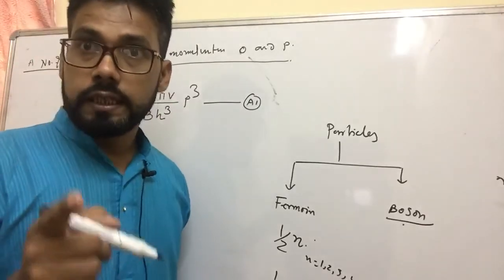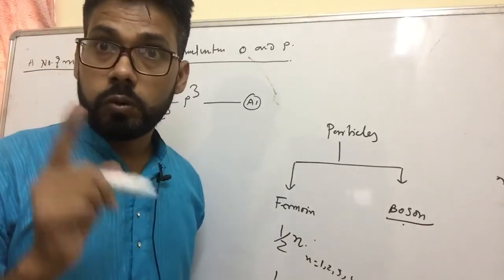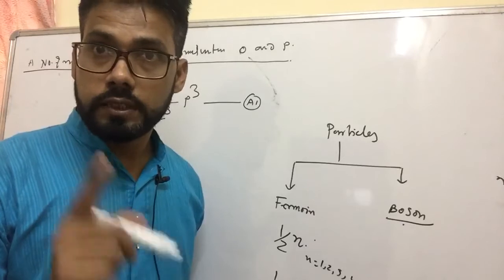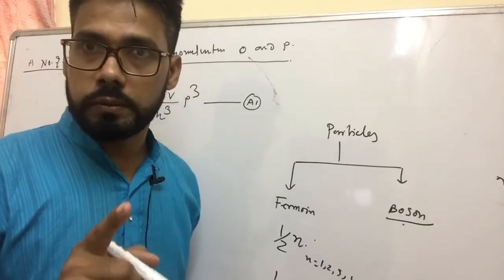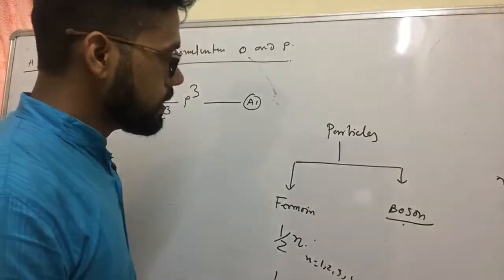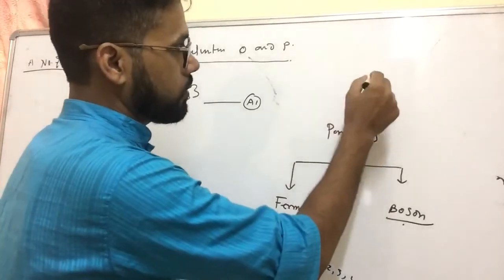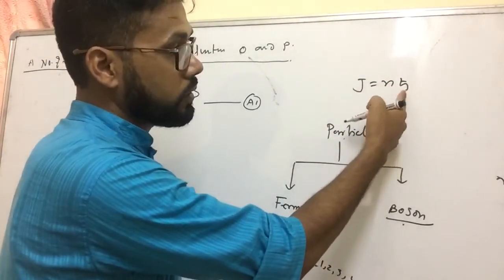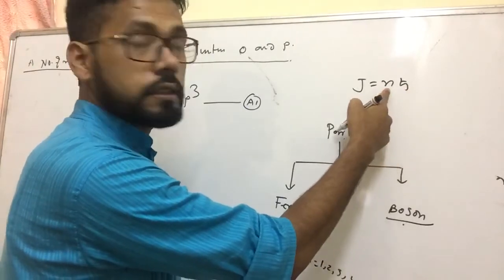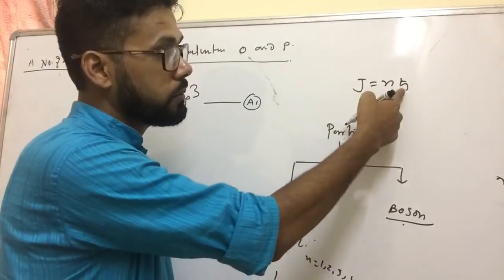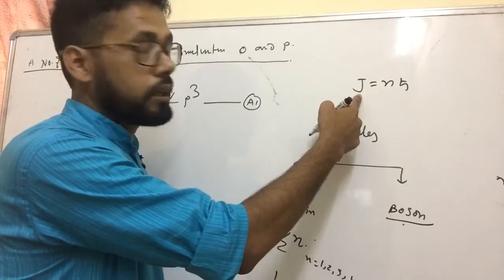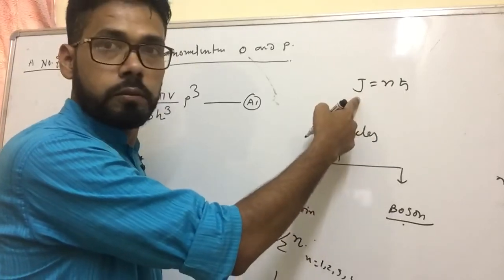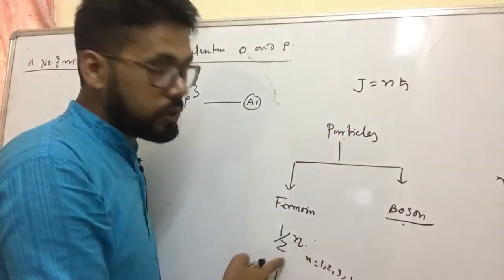And remember, the unit of spin is always h cross. H cross is also the unit of angular momentum. Clear? Because J equal to n h cross, n is a numerical value, so h cross must have the dimension of angular momentum, and h cross is the unit of spin.